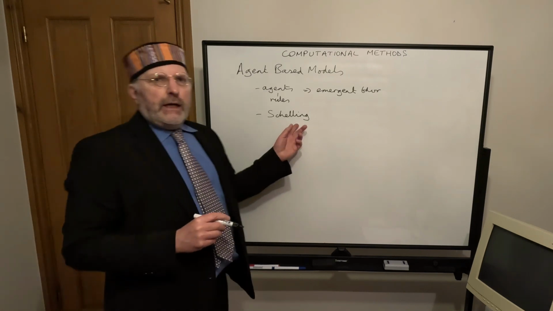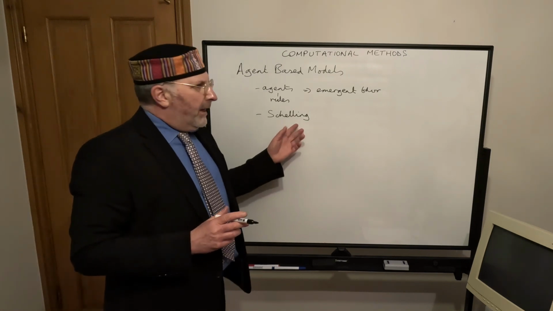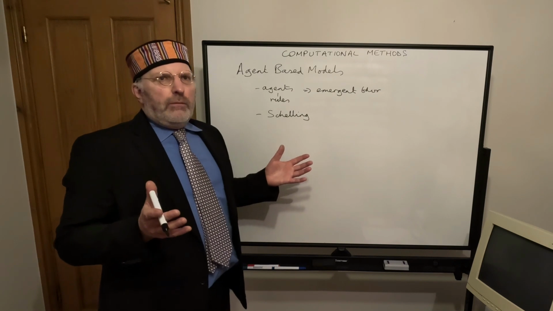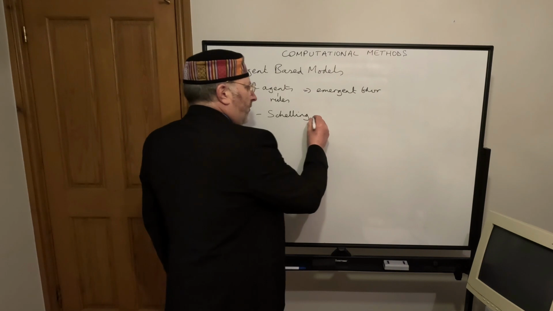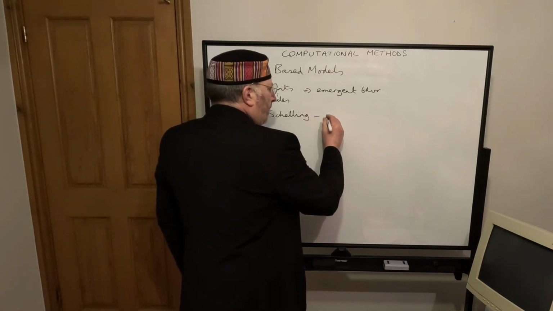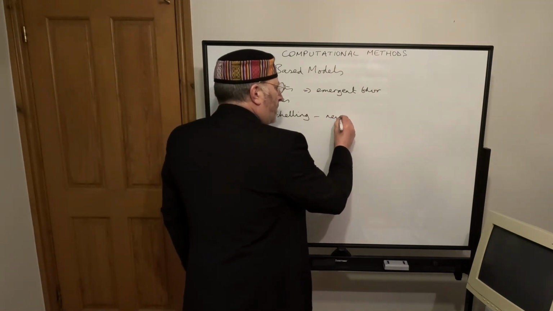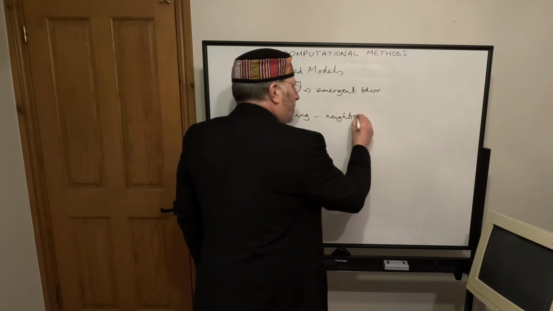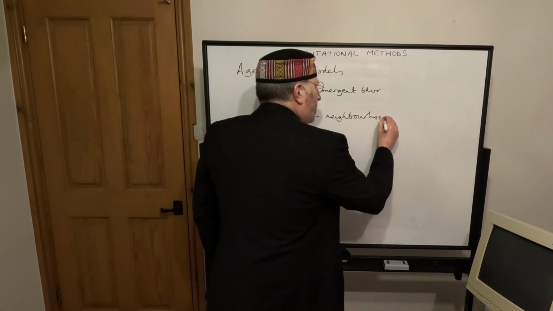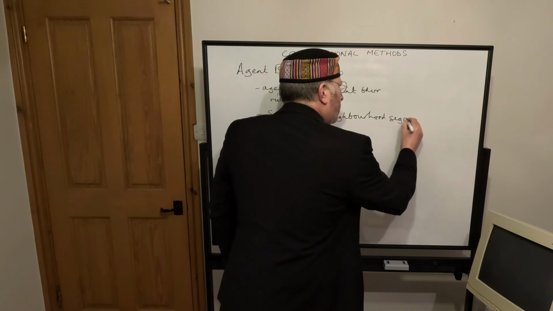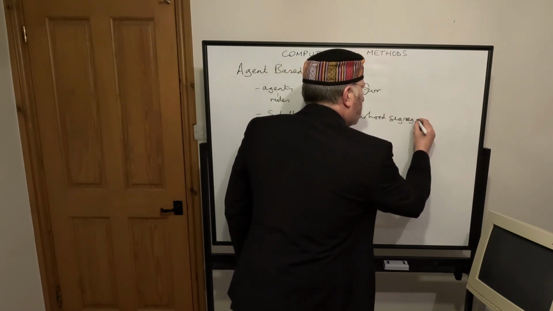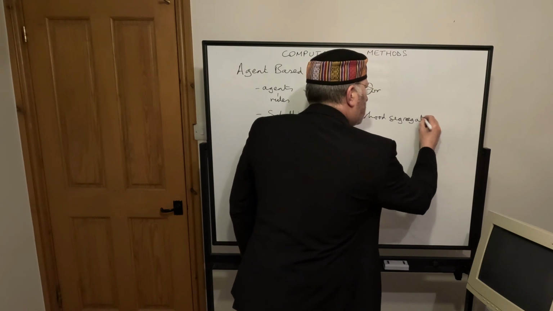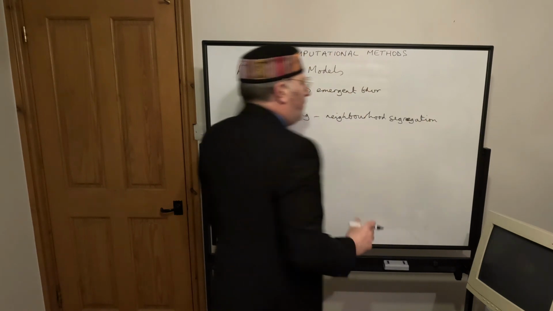Now, he was working in the mid-20th century. He didn't have computers available, so he used very simple models. One of the examples was a model of neighbourhood segregation.